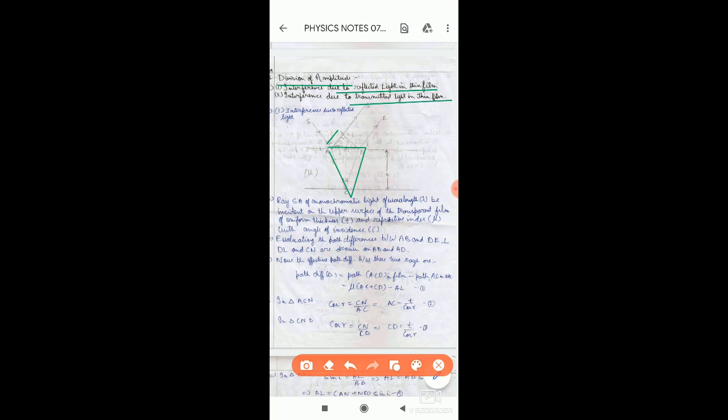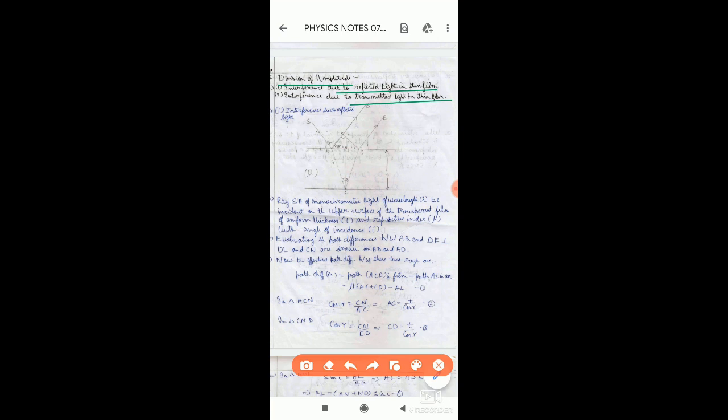So from the figure, path difference equals mu into (AC plus CD) minus AL, equation number 1.